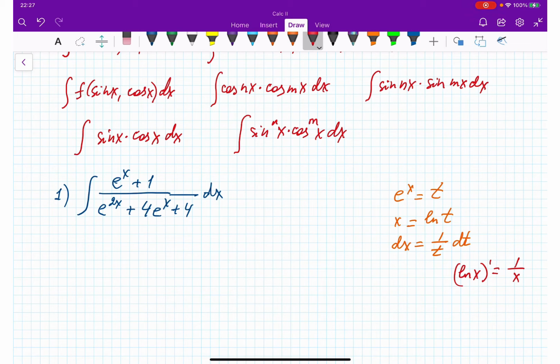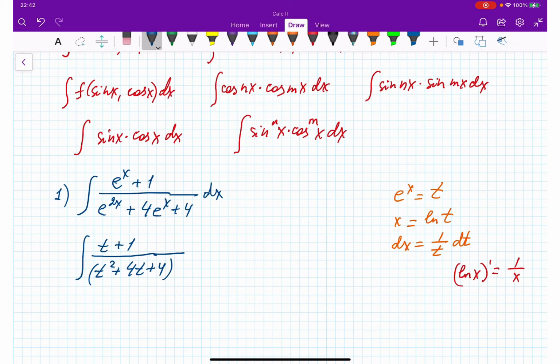All right. So let's start working. We are going to get the integral of t plus 1. In the denominator we are getting t squared plus 4t plus 4. Look, we are getting a perfect square, right?